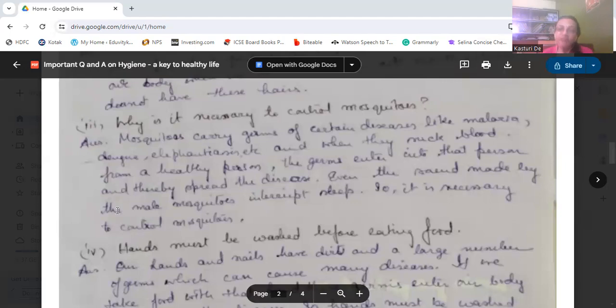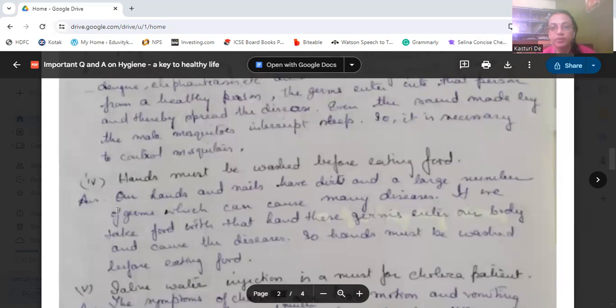Now, hands must be washed before eating. Why is it so? Because our hands and the nails carry dirt and a large number of germs, which can cause many diseases.